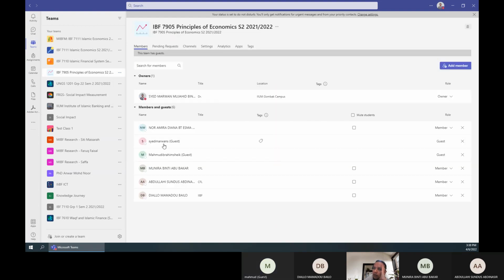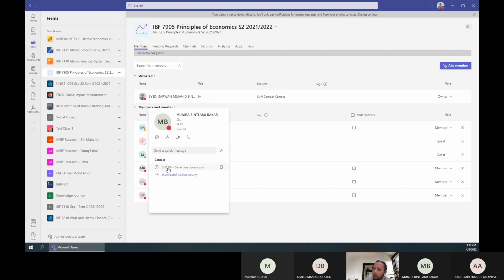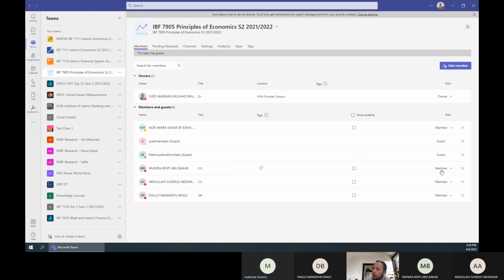I'll remove this once you enter. If you enter with your live account, it will be member, but if you enter as a different account, it will only be guest. So just enter using the link that has been provided. Thank you.